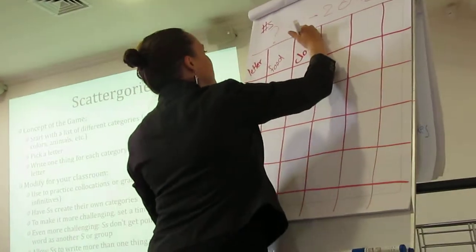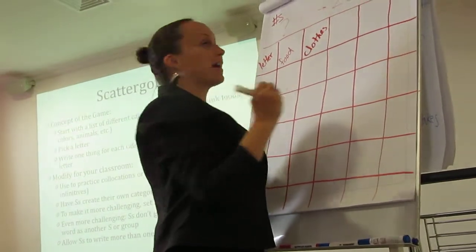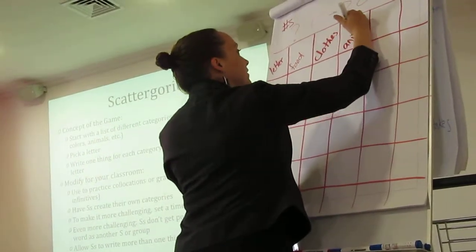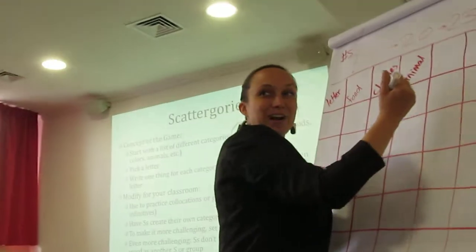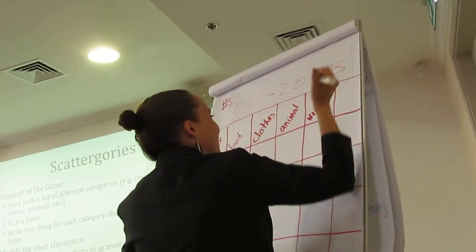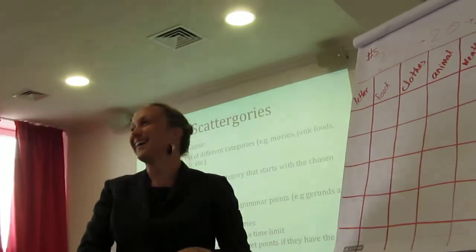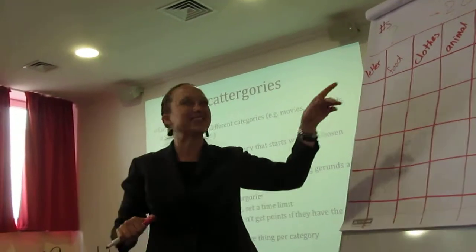Clothes. Weather. Animal. Weather. That'll be so hard. Animal. But I'd like you to try weather. I want to know when the word started from that we know. That's why I said it was going to be really hard. But I'm interested to see what you can do with that.